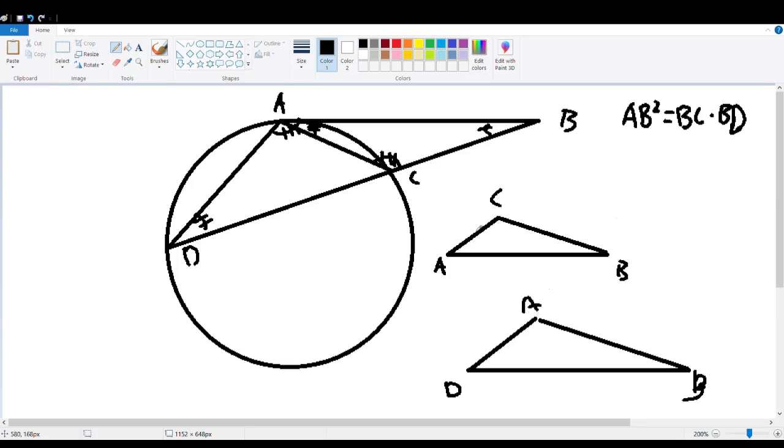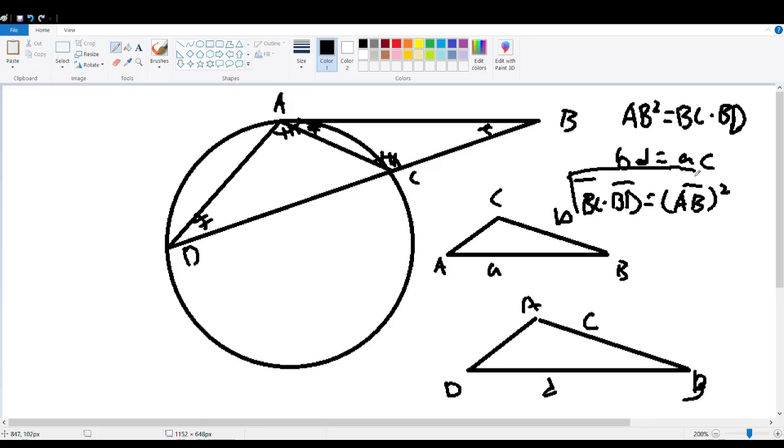If we say that AB is A and CB is B, and then we say that AB on this triangle is C and BD is D, we can see that B times D will equal A times C. A and C are both AB, which means A times C would equal AB squared, and B times D is BC times BD.